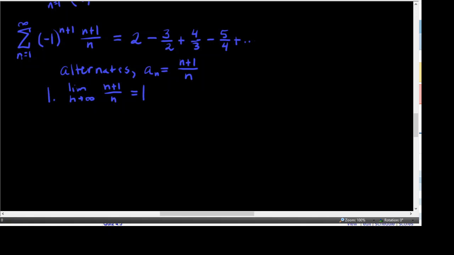Now, is that what we want it to be? Well, no, it's not 0. So the alternating series test here does not prove anything by itself, because all it can prove is convergence. But a good thing has come out of this. Because that's not 0, what can I use now to draw a conclusion about this series?